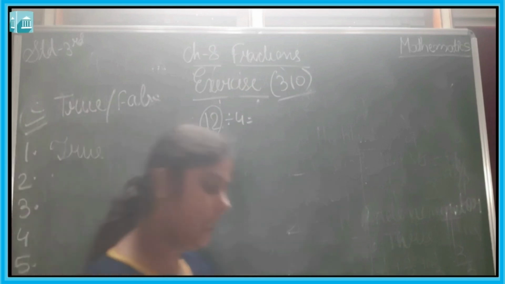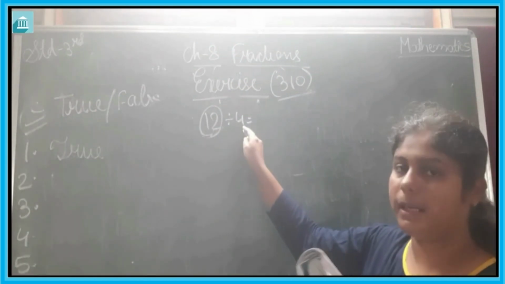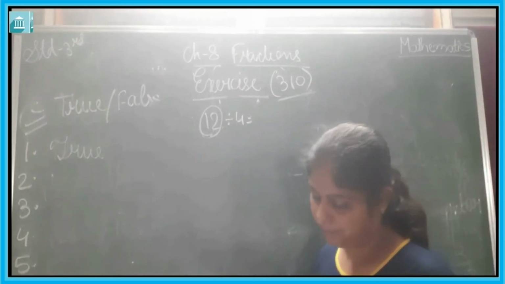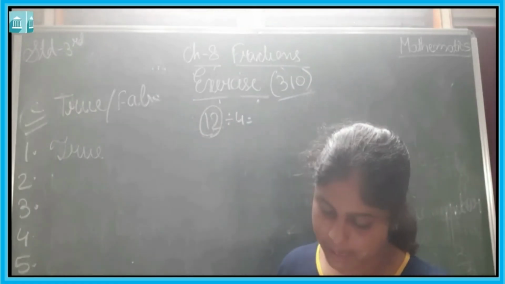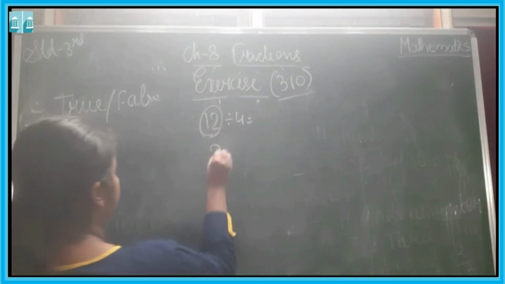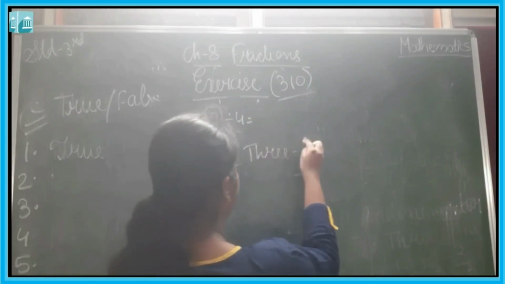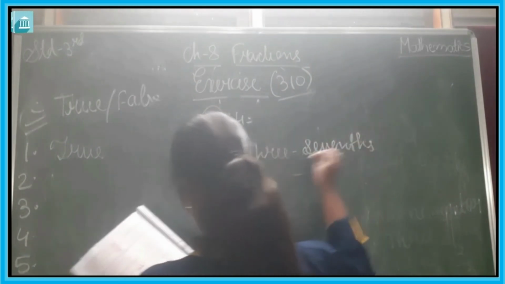Divide by 4. The next: the correct number form of 3/7 is 3 7. That is true. 3/7 है तो हम इसे कैसे लिखेंगे? 3 7. Yes or no? So our answer is true.